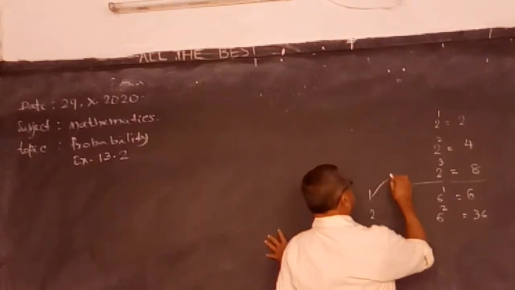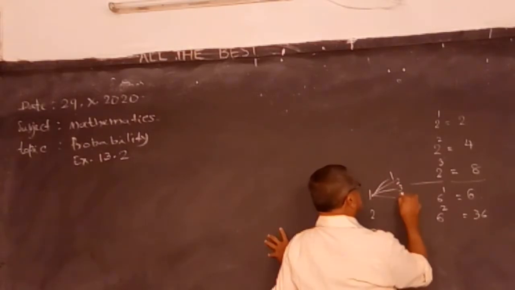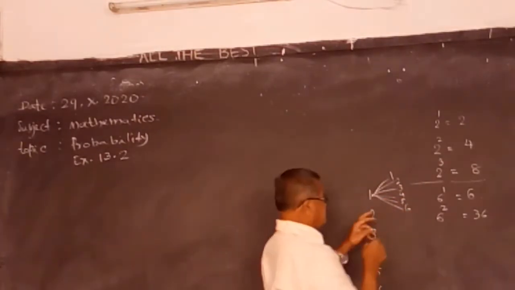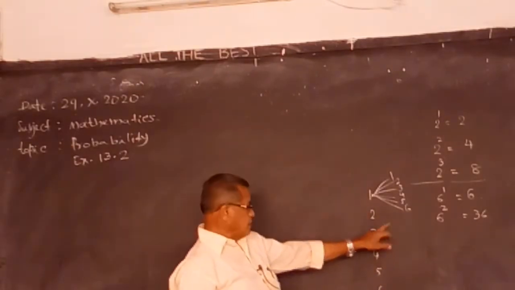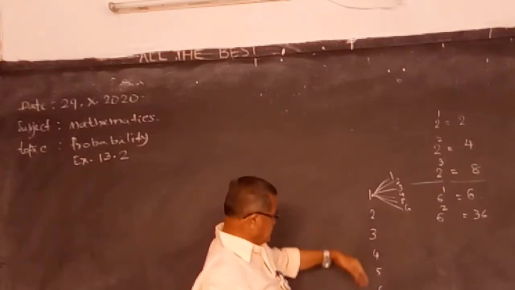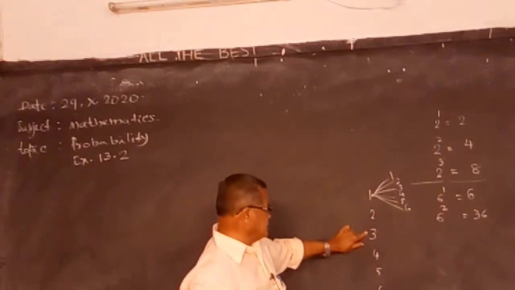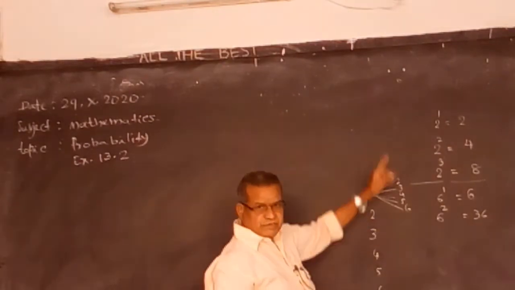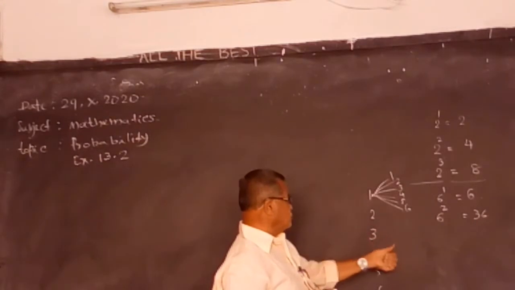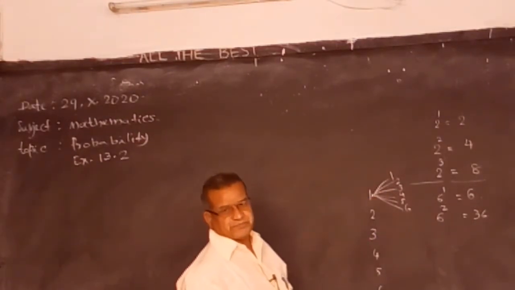So with 1 it has 6 possibilities, like that with 2, like that with 3. If the first dice is 3, the second dice may get 3 1, 3 2, 3 3 like that. So 6 into 6, total 36.